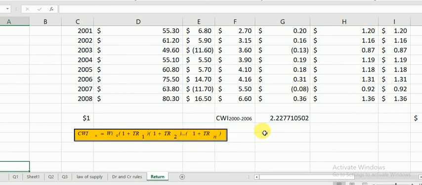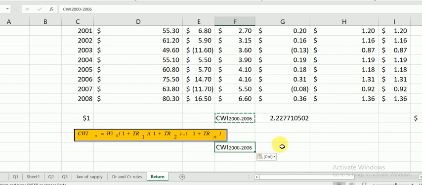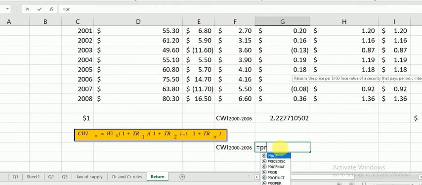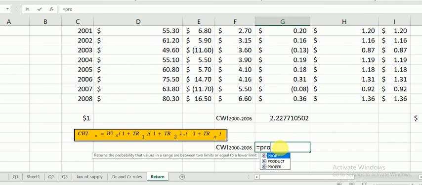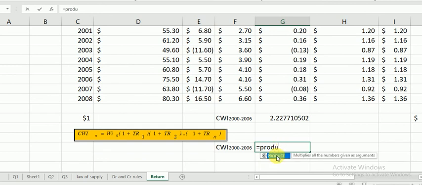We can also calculate this value directly in Excel. So for cumulative wealth index, I will copy this here and write cumulative wealth. It is equal to sign, then the function PRODUCT.